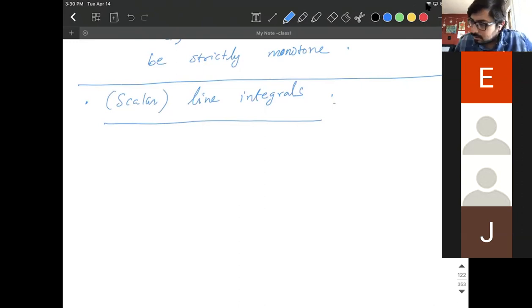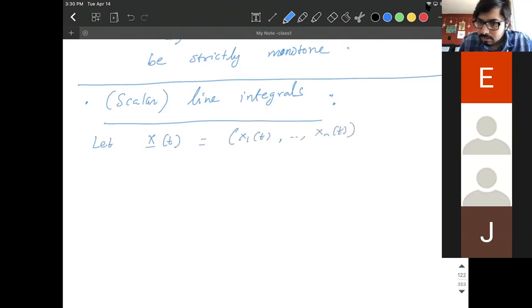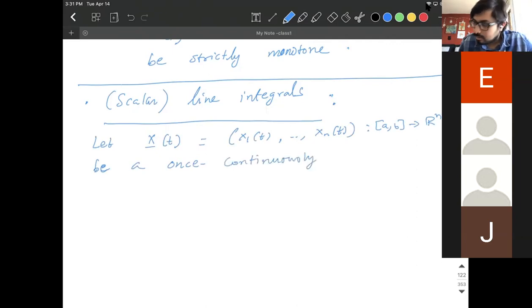Okay, so what are the ingredients that we need? So let x(t), so this is x1(t) up to xn(t), from the interval [a,b] to Rn be a once continuously differentiable function.